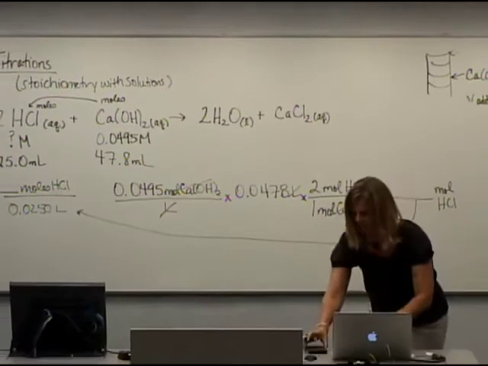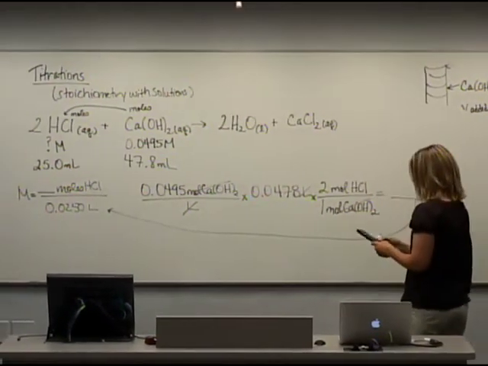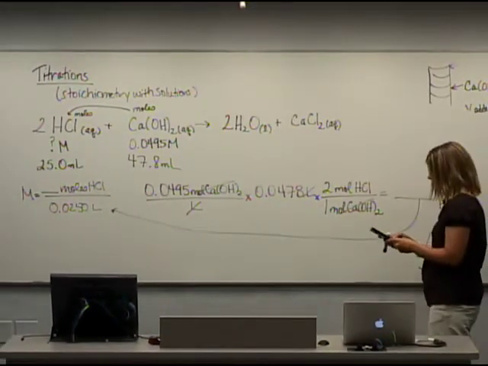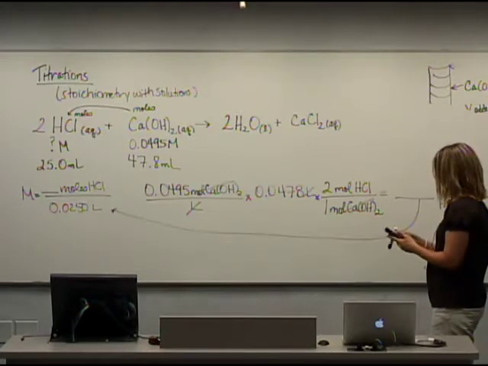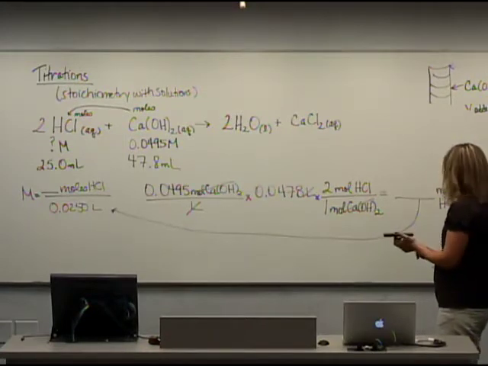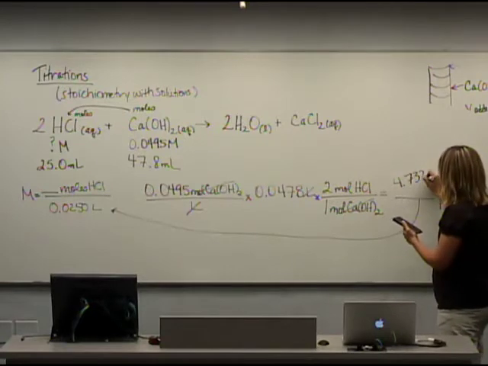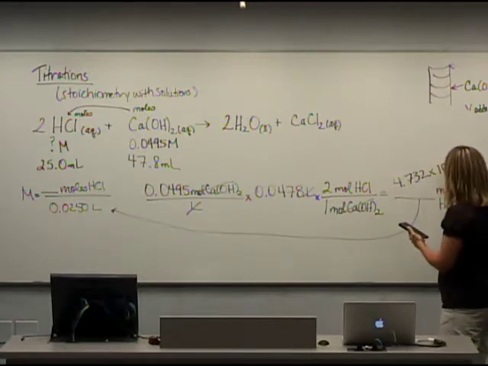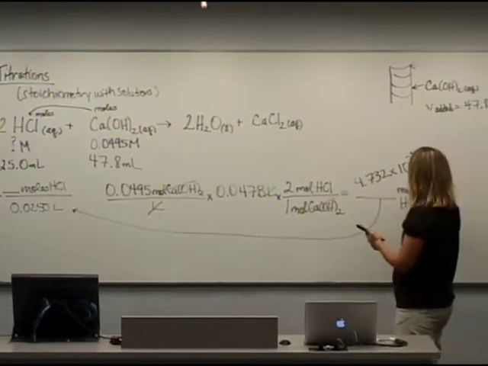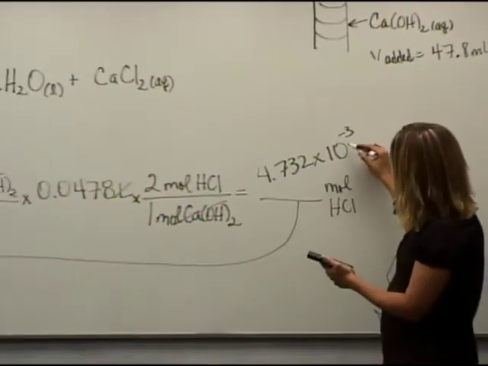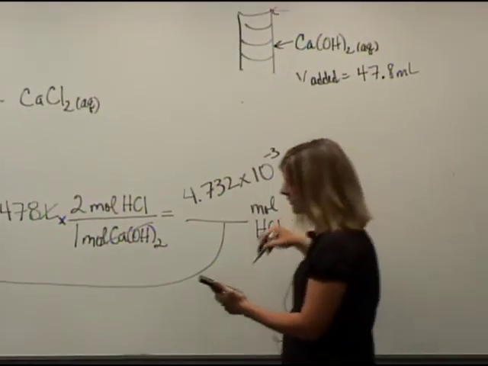So let's just do that. And I get 4.732, and I'm keeping a few extra digits here because I don't want to round before I'm done with my calculations. So 4.732 times 10 to the minus third moles of HCl.